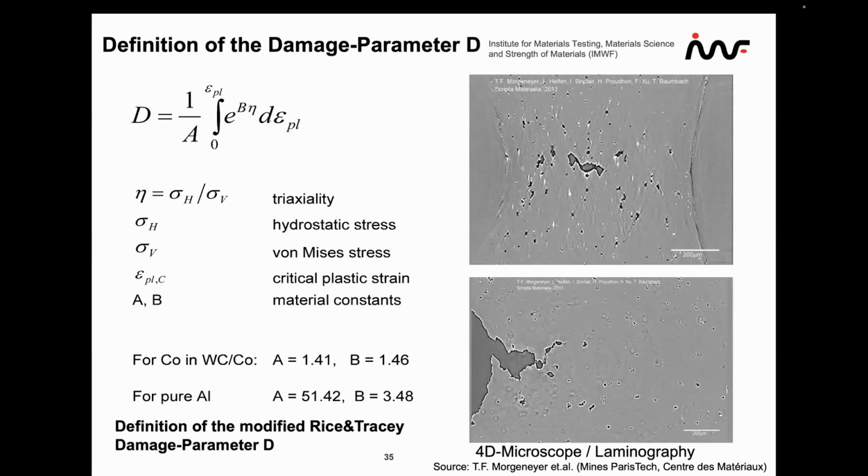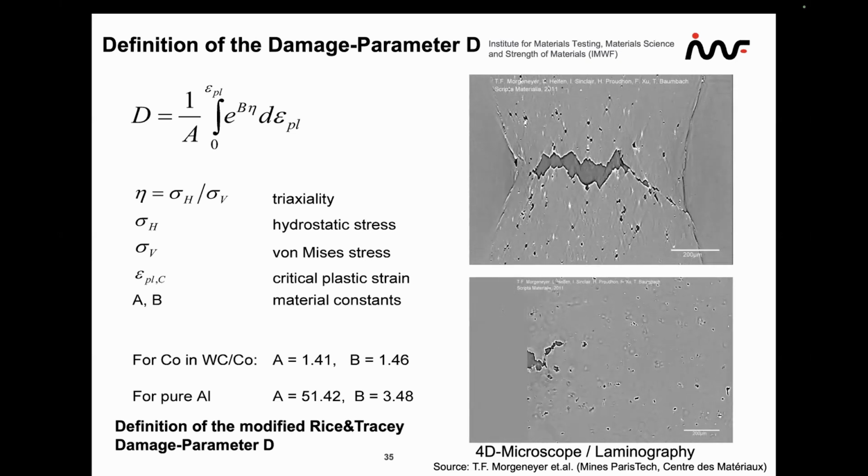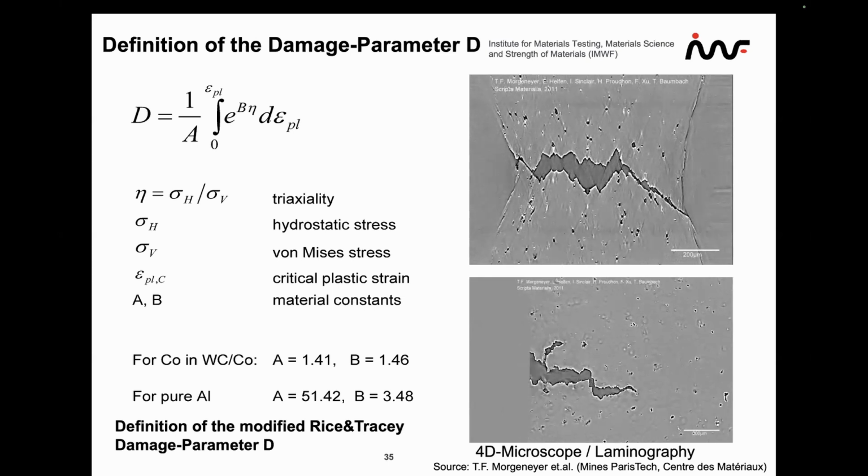Here, for instance, we have the results from our dear colleague Thilo Morgeneyer, who should be here, for the microscopy or laminography, where you have, for differently notched materials, the fracture occurring either at the notch tip or inside the specimen.